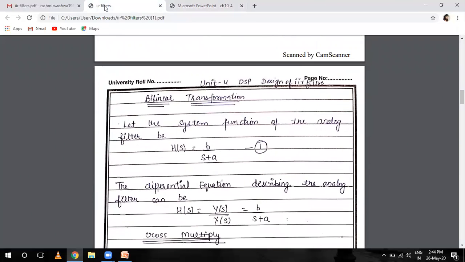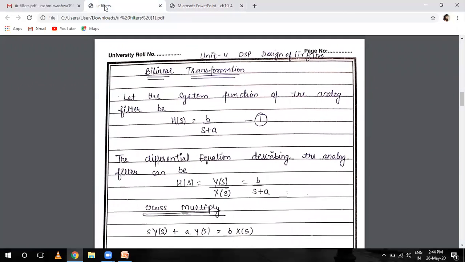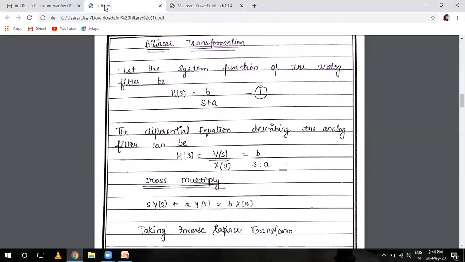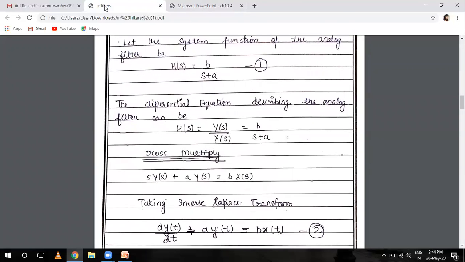Let the system function of the analog filter be H(s) equals b upon s plus a. The differential equation describing the analog filter can be obtained: H(s) is equal to Y(s) upon X(s) is equal to b upon s plus a.